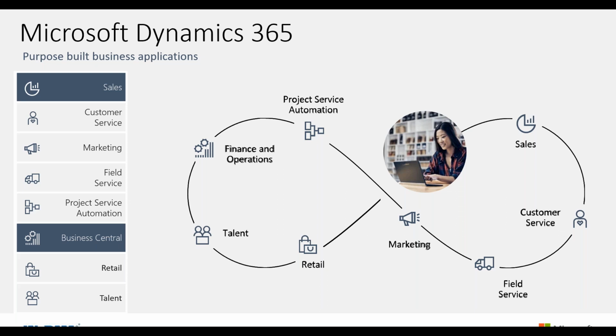So PSA, which is quite a standalone app, when integrated with finance and ops, you can track the time and expense reports that project members are submitting. So it gives you a very holistic and unified approach to the Dynamics 365 ecosystem.